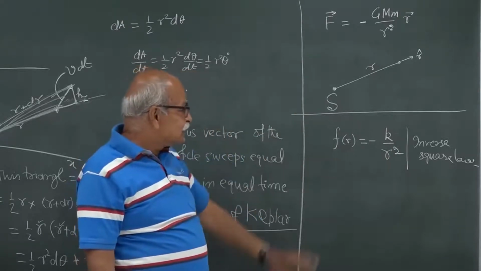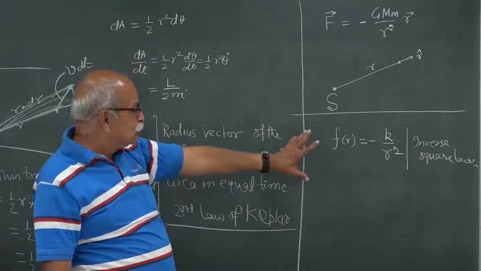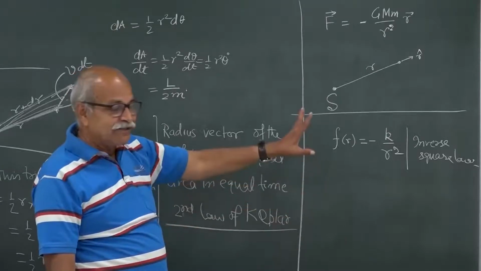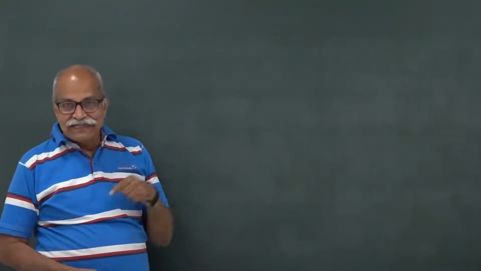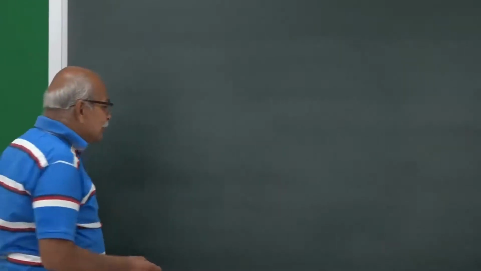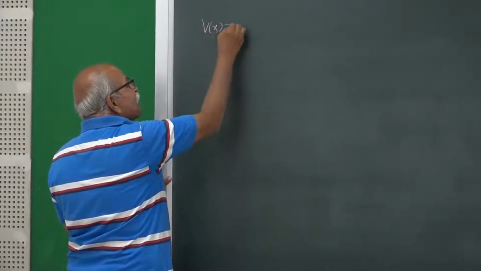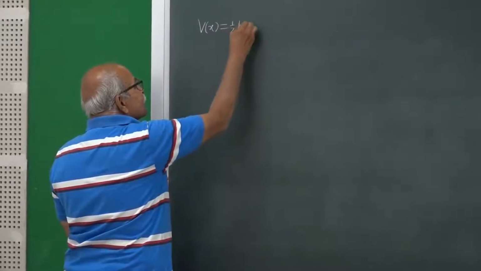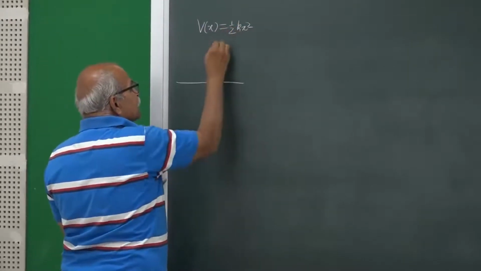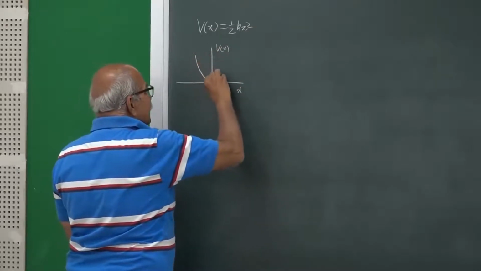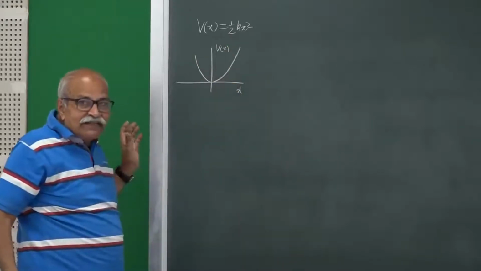Now, if this is the case, we can do something more using energy diagrams. Okay, so let me do that. I talked about energy diagrams when I was talking of a particle moving in one straight line. I took the example of the spring force, V of x equal to half k x square, and if I plot this V of x as a function of x, it is a parabola, and from the shape itself I can tell many things.